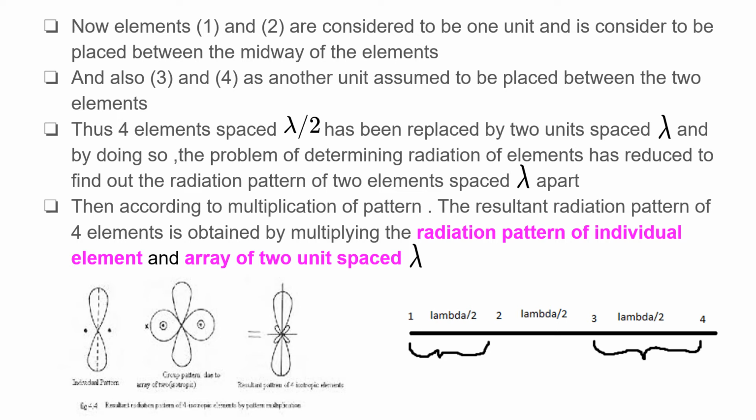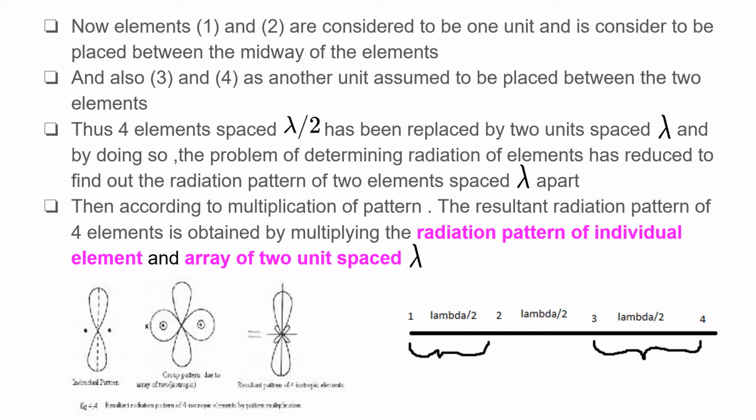So using pattern multiplication, the resultant radiation pattern of the 4 elements is obtained by multiplying the radiation pattern of the individual element and the array of 2 units spaced lambda by 4. In this diagram, this area corresponds to the array or group pattern, and this is the individual pattern.